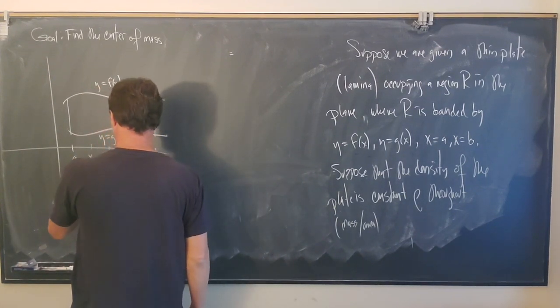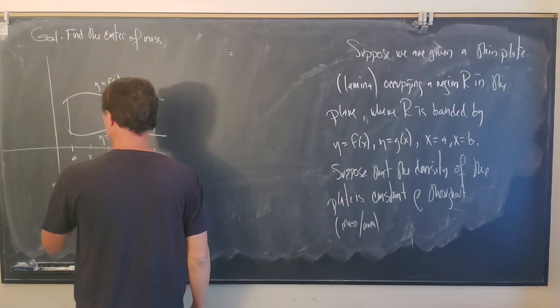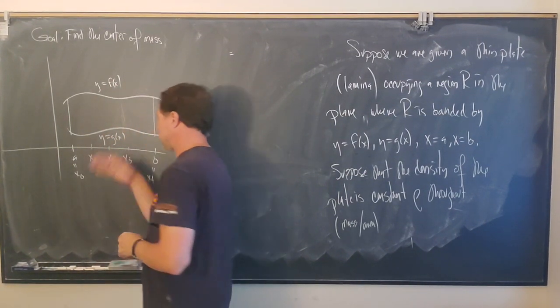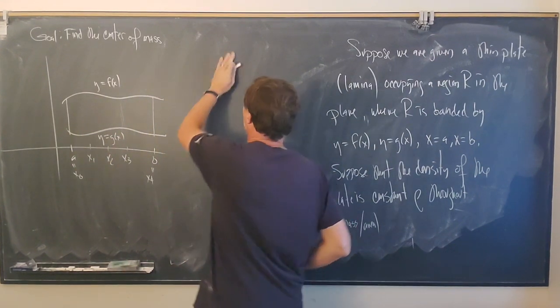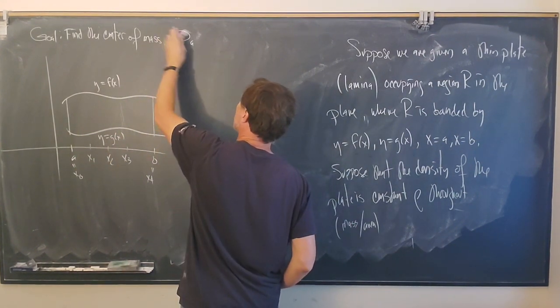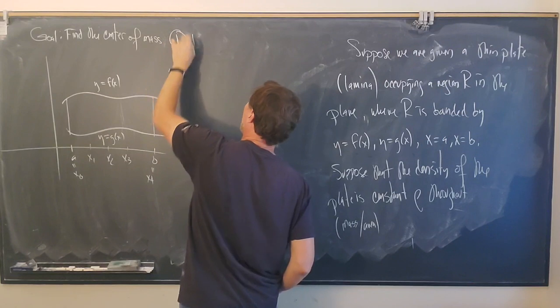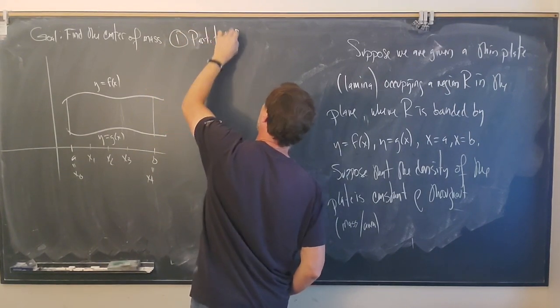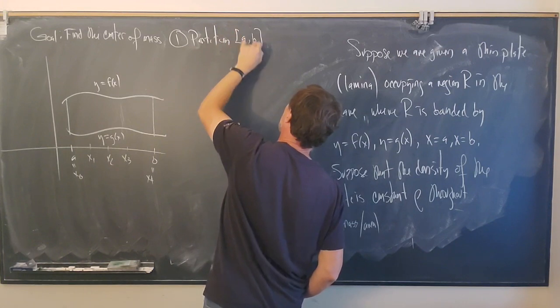So we're going to partition. I'll write down the steps in a second. In this case, I've chopped it up into 4 pieces. But in general, we're going to partition. Right, so this is step 1. Partition AB as usual.